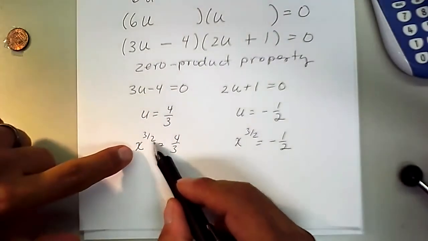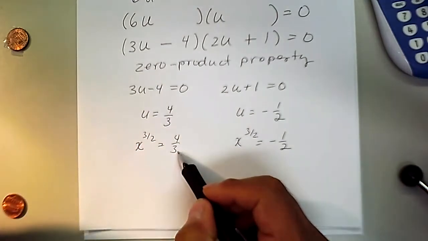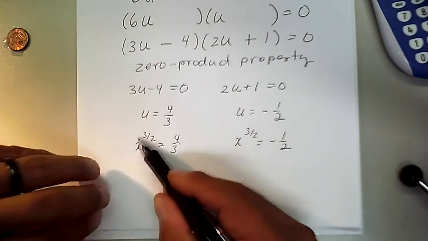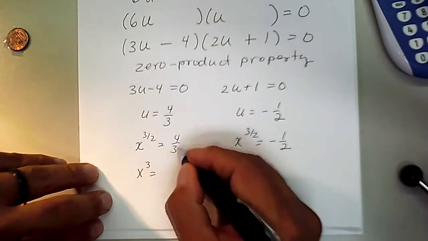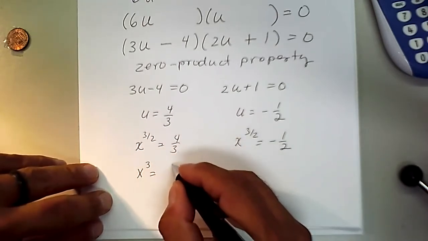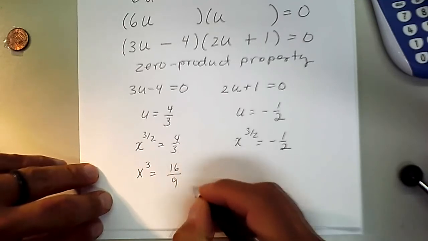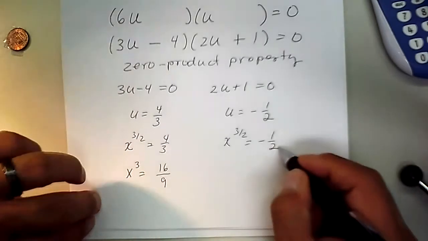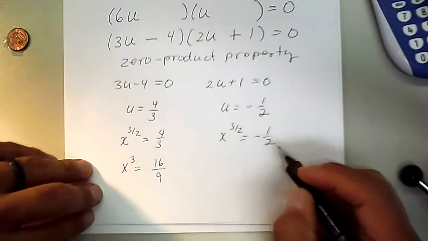So that means that if we square both sides, that gets a little tricky. If we square both sides, we end up with x cubed, but then we have to square this, and that's going to give us 16 over 9. And if we square this guy, yeah, that's a tricky one.